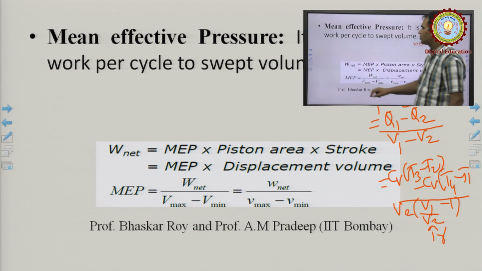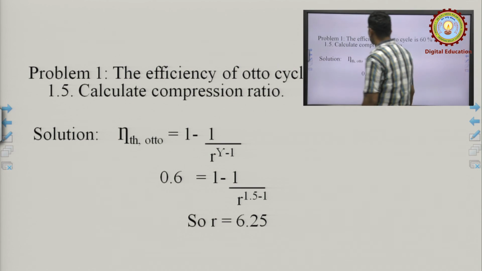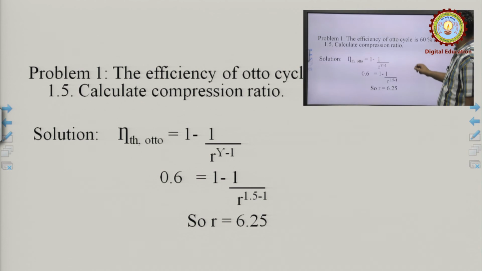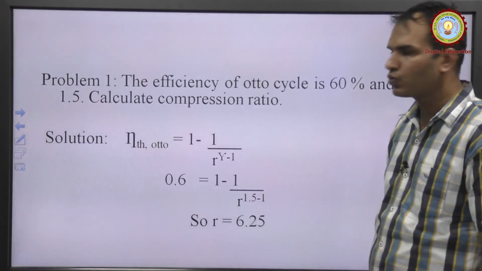So, now let us solve some questions based on the Otto cycle. The first question: the efficiency of the Otto cycle is 60% and the ratio of specific heats gamma is equal to 1.5. Calculate the compression ratio.